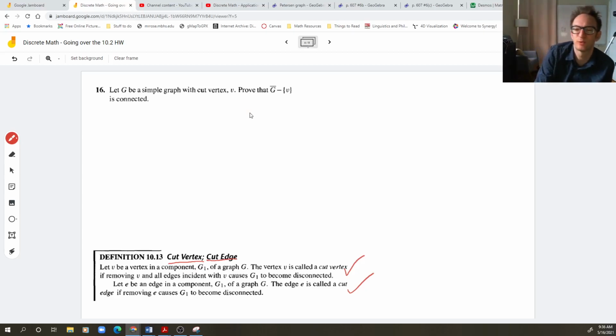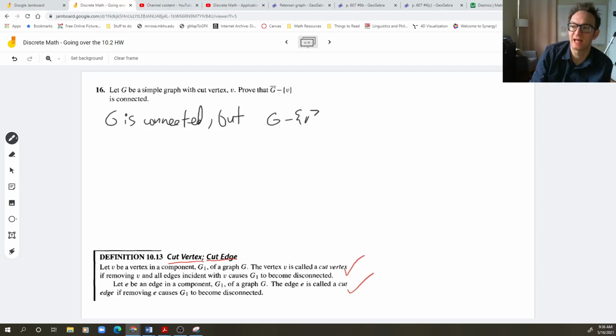Okay, so this proof isn't even really a theorem. This is just definition bookkeeping. You have a simple graph with a certain cut vertex V. So what does that mean? That means G is connected. But if you remove, and maybe I'll just write it like that, since that seems to be a decent notation, what is G minus V?